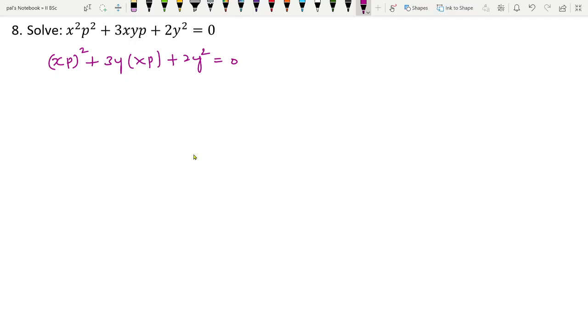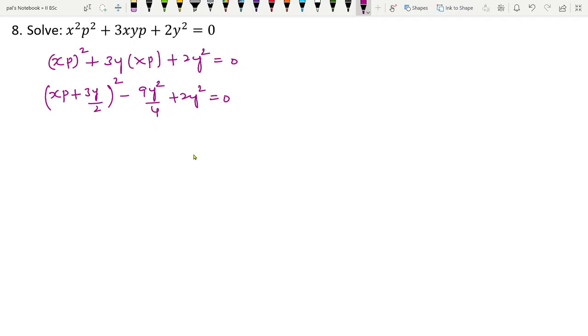Now you use the method of completing the square, already discussed in the last class. You take xp, and take half of the coefficient of xp. That half is 3y by 2, and put square to this one. Next, this is always minus the square of this factor, that is 3y by 2. If you square this, it is 9y square divided by 4, plus 2y square is equal to 0.